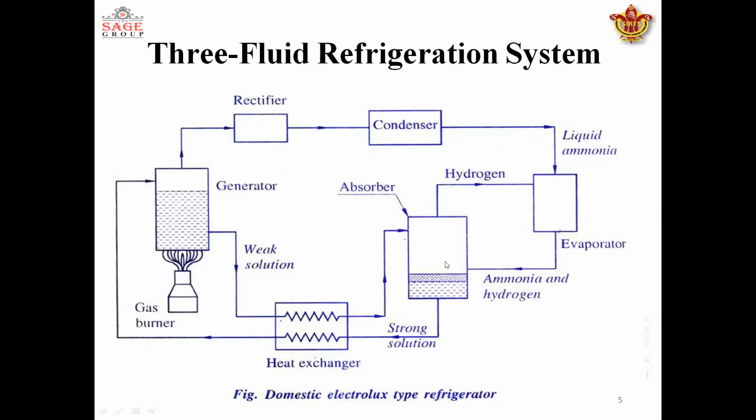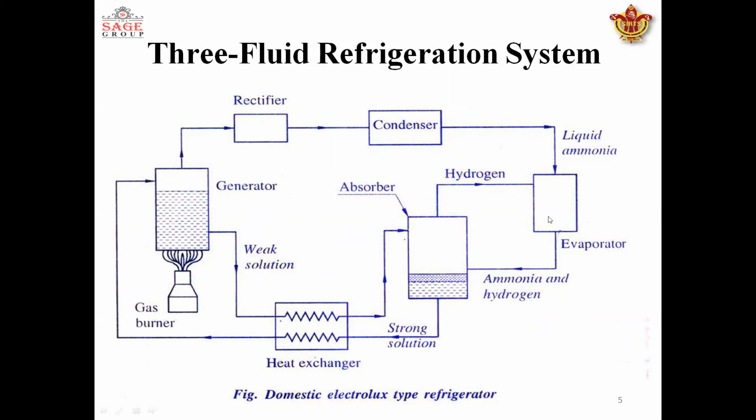This is the absorber, from where, from the evaporator, we are getting the ammonia and hydrogen that is passing through the absorber and mixing with the water. But as you know, boys, ammonia has the affinity towards the water, but hydrogen gas is immiscible. Hydrogen is immiscible in the water.